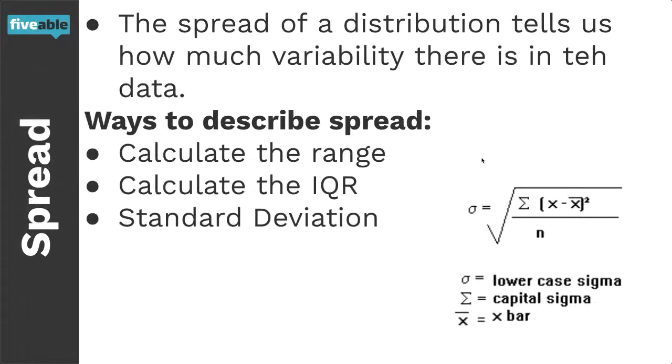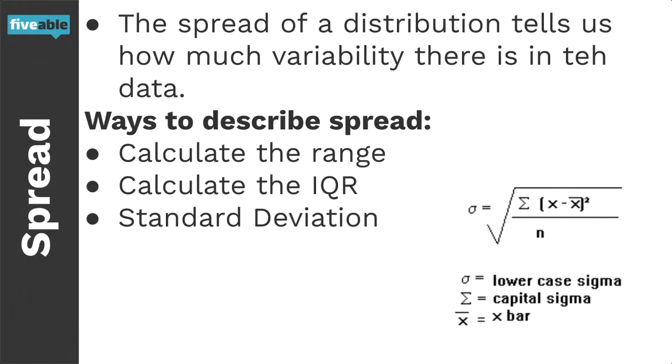Spread. The last S of CUSS is called spread. The spread of a distribution tells us how much variability there is in the data. So spread tells us where the data is in relationship to the other data. Ways we describe spread: we can calculate the range, which is the maximum minus the minimum.